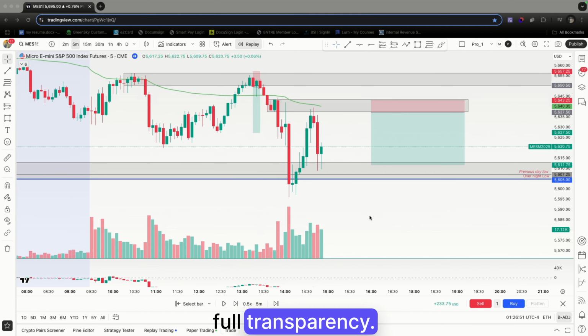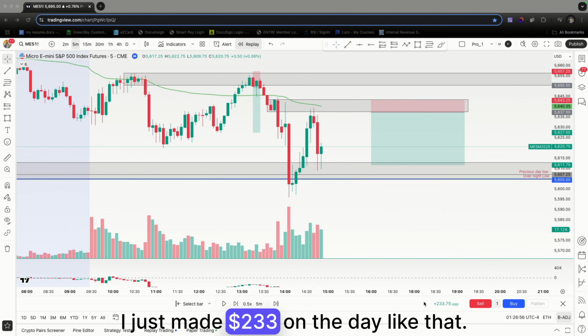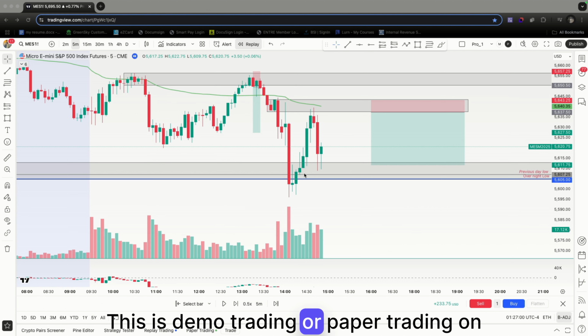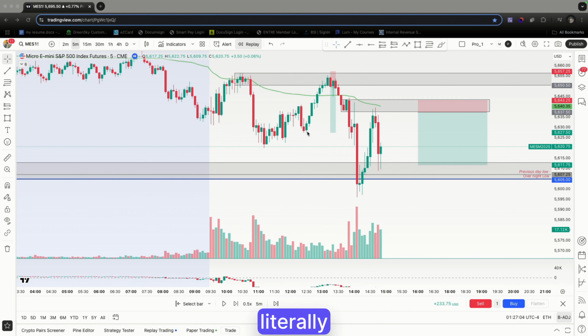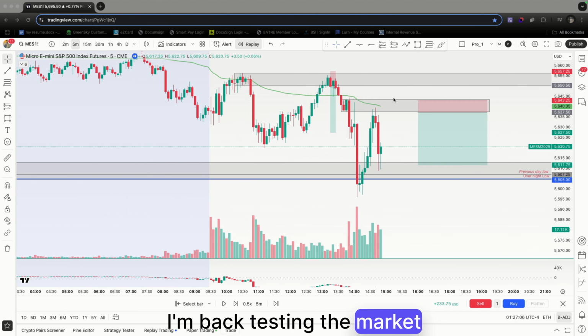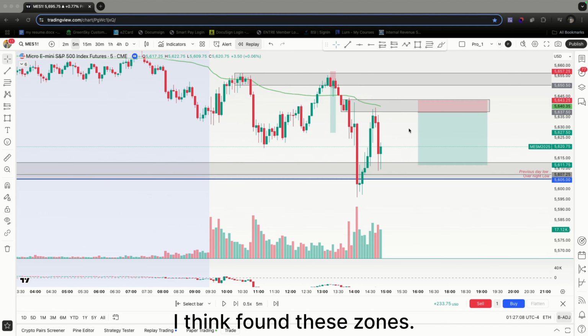But full transparency, this is not a live account. I'm not even going to act like, oh yeah, I just made $233 on the day like that. This is demo trading or paper trading on TradingView. But literally, I'm back testing the market and I found these zones.